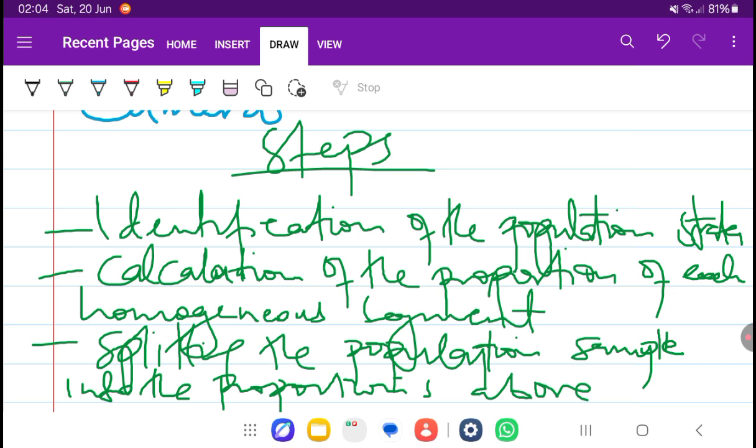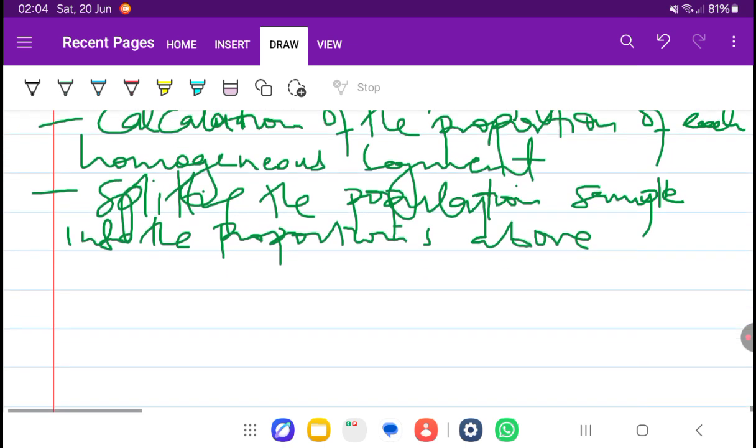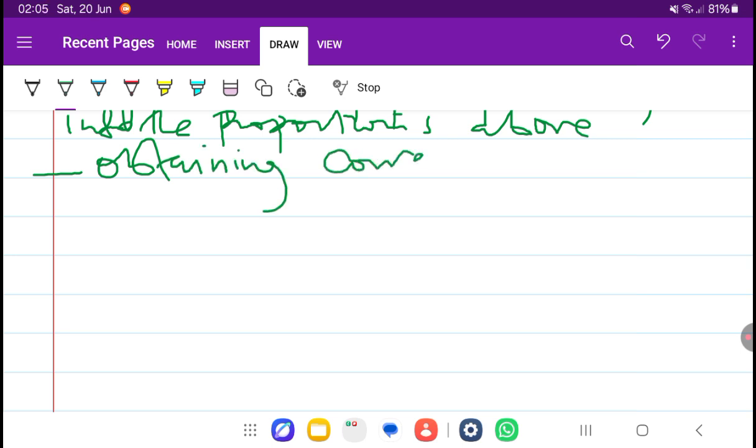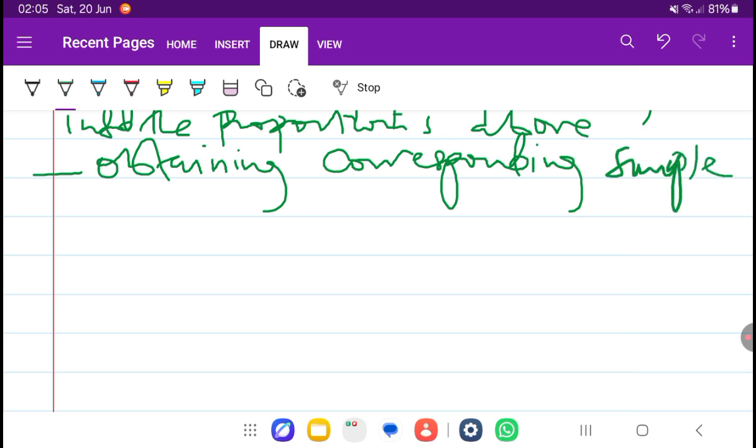And then the fourth one is obtaining corresponding simple samples from each strata.